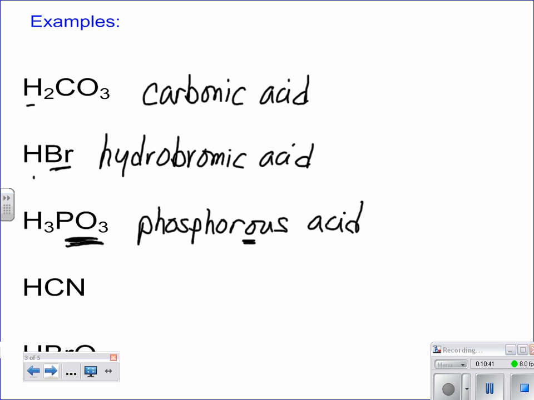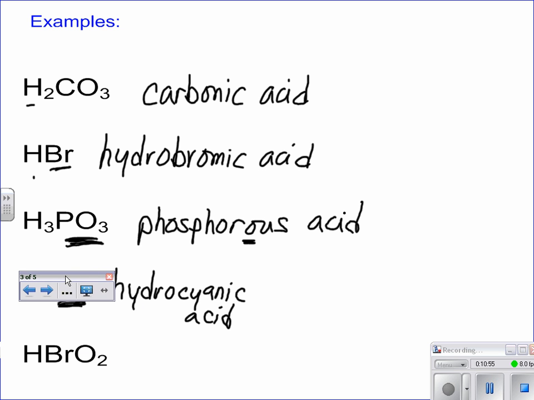Okay, HCN, we just did this one. We saw that this comes from cyanide, so we have to use those ide rules, making it hydrocyanic acid. And then BrO2, what's our polyatomic there? Bromite. So this is going to be bromous acid.